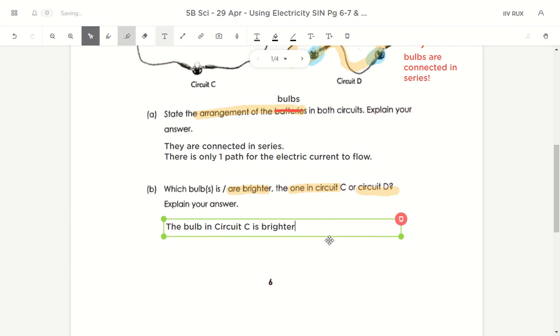And why so? Because they asked you to explain. Because the electric current provided by the three batteries flows through that one single bulb in C.